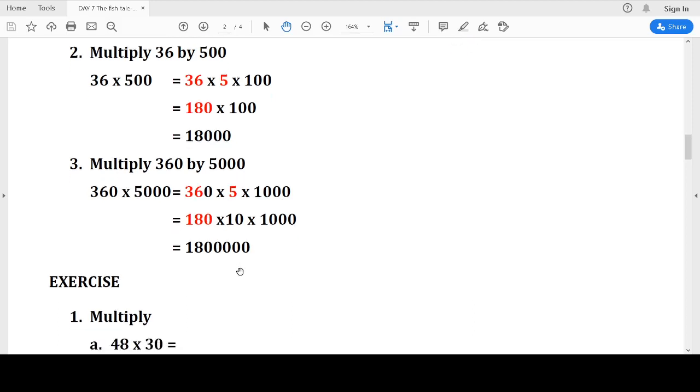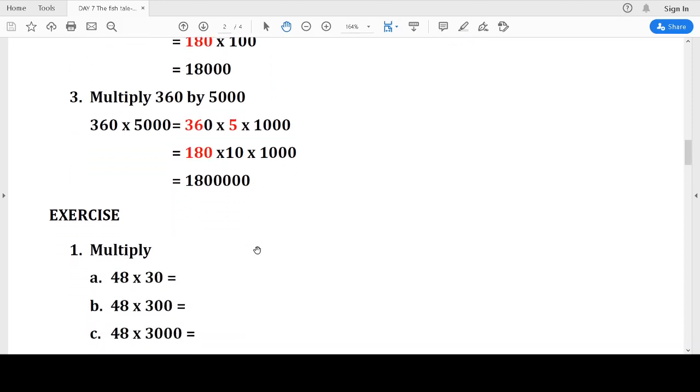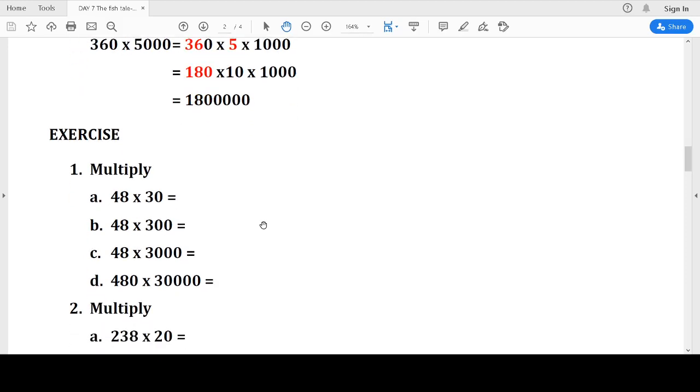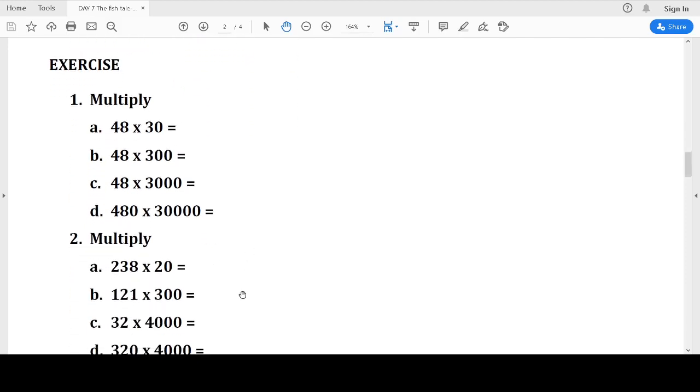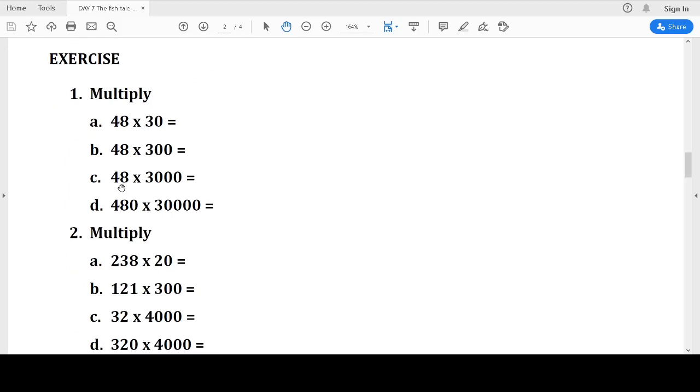Now this is the exercise for you to multiply and find out the answers. I'll discuss one or two examples and you can solve the remaining for yourself. See here, if I have to multiply 48 into 3000, what I will be doing is I'll multiply 48 into 3, that makes 144, and 3 zeros.